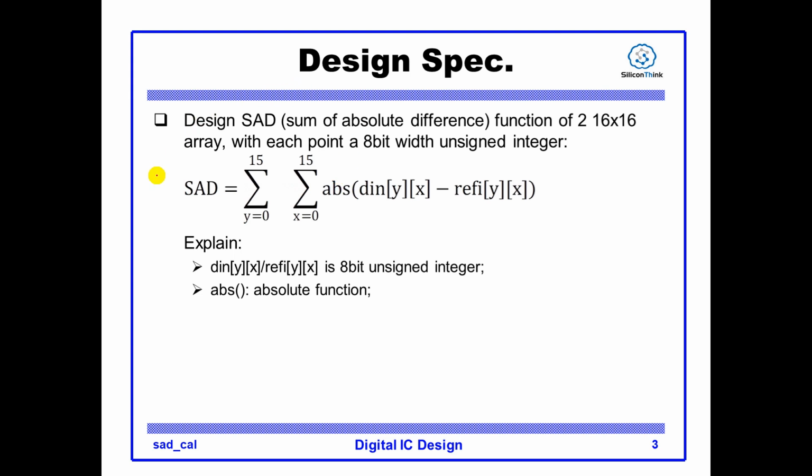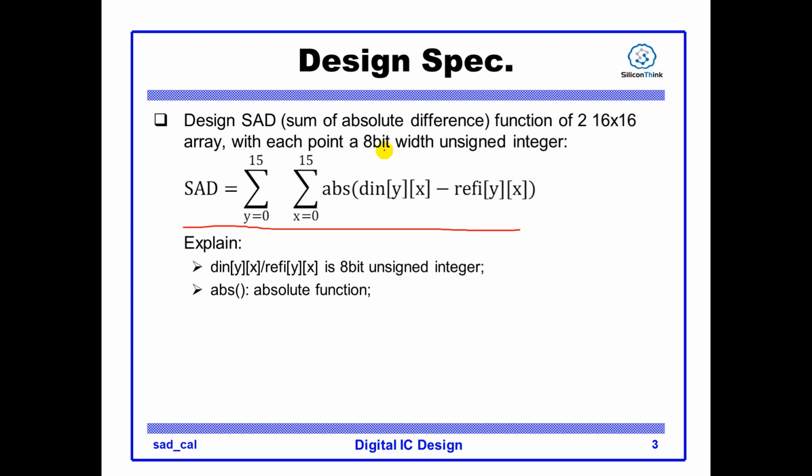So what is SAD calculation? The whole function is in this equation. The function is you have to calculate the SAD, that is the sum of absolute difference of two 16 by 16 arrays.